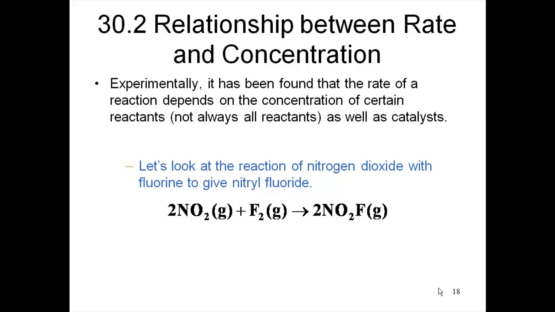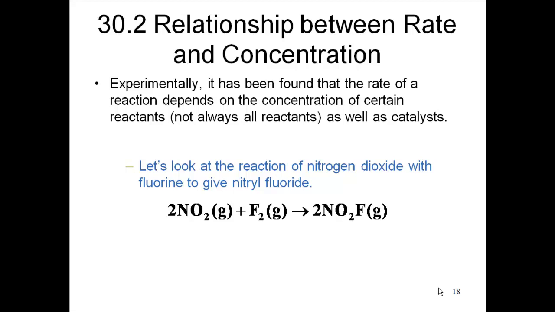For instance, say I held the concentration of my F2 constant in two different experiments. I have the NO2 concentration and my F2 concentration in one experiment. Then I run a different experiment where I double the concentration of NO2, but leave the concentration of F2 exactly the same as before. Any change in my rate will be due to that change in concentration of NO2.